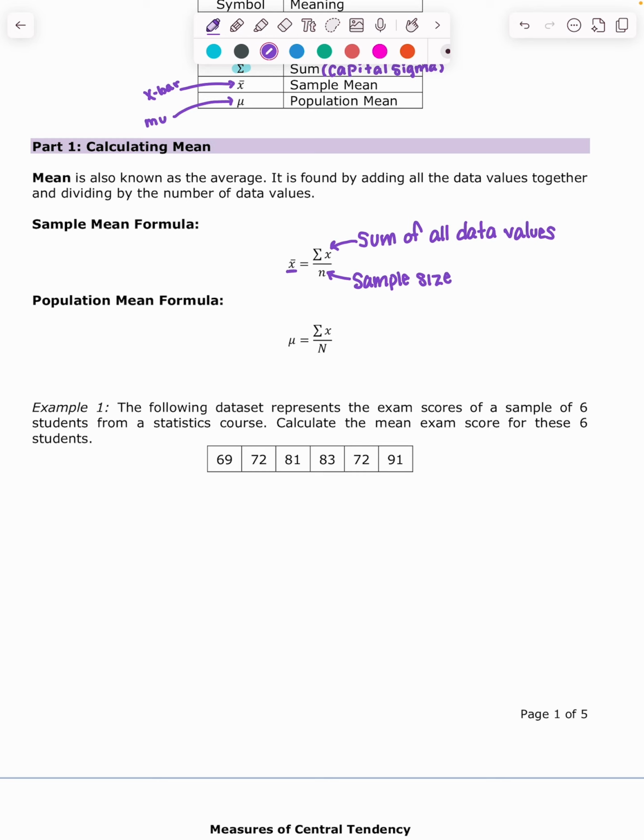The population mean, most of the time, if we need it, it will be given to us. But if we do have to find it, that's mu. And again, it is the sum of all the data values divided by the population size.